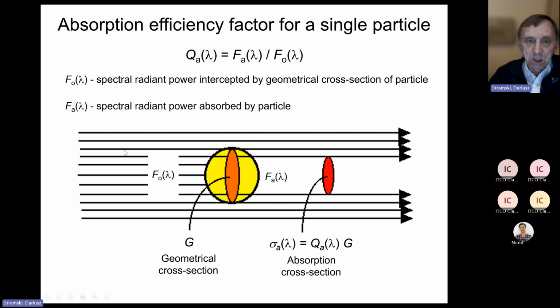So you can envision here a beam of light incident upon the particle, and the projected area intercepts the power that is F sub 0. This portion of that power will be absorbed, and absorption cross-section is just Q sub A times G, and Q sub A is F sub A, which is that portion absorbed, over the power that is being intercepted by the projected area, and it's dimensionless.